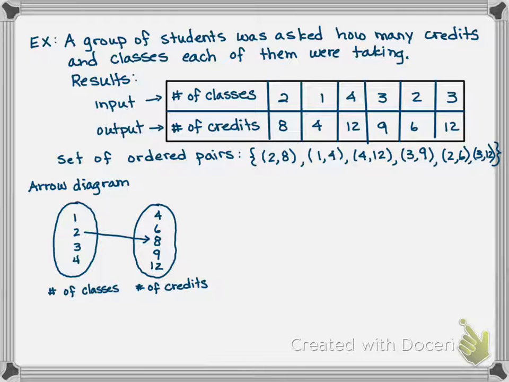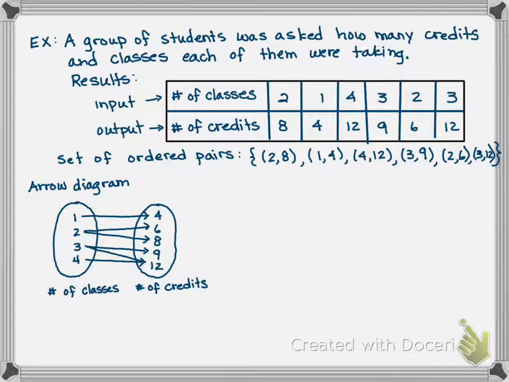We have 1 class corresponding to 4 credits. We have 4 classes corresponding to 12 credits. 3 classes corresponding to 9 credits. 2 classes corresponding to 6 credits. And 3 classes corresponding to 12 credits.